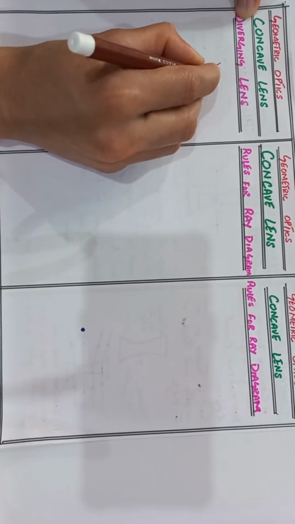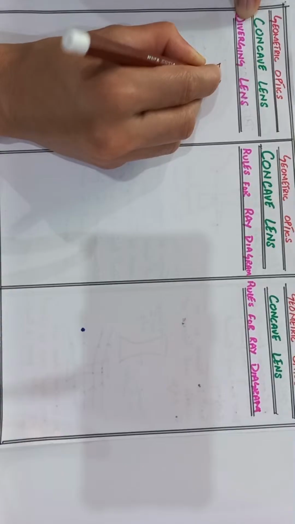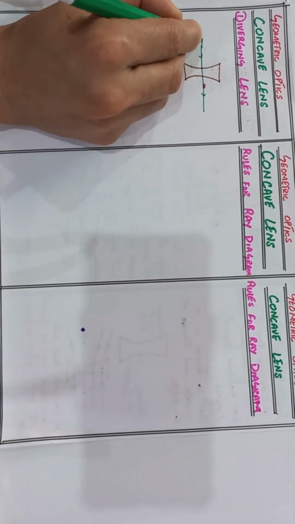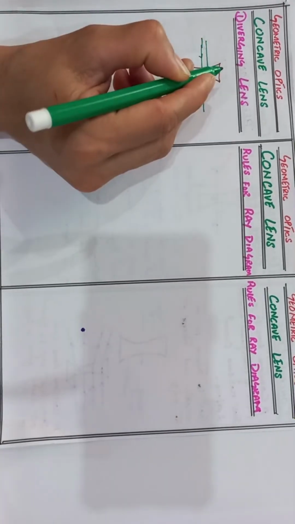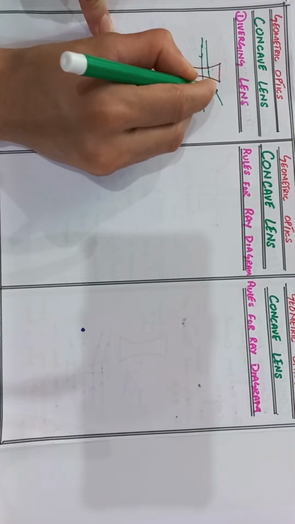Okay, here we draw the concave lens. In the concave lens, the light ray that passes through the center of the lens goes straight, and we also know the line that is parallel to the principal axis. When the rays enter and when they leave the concave lens, they spread out.